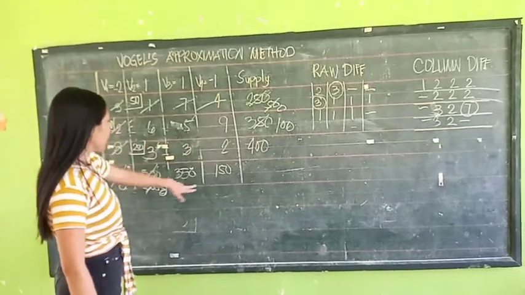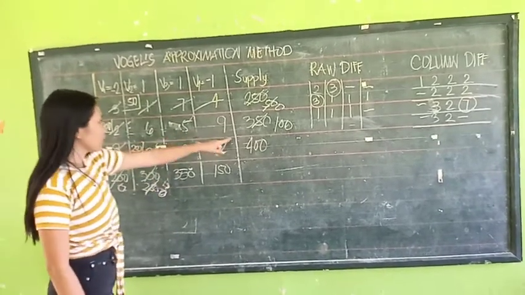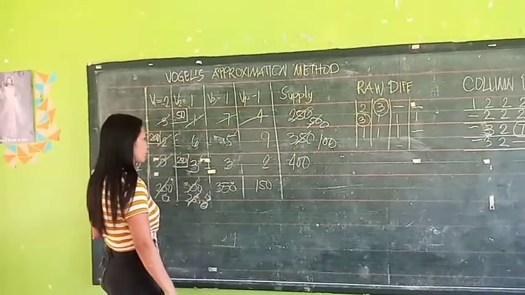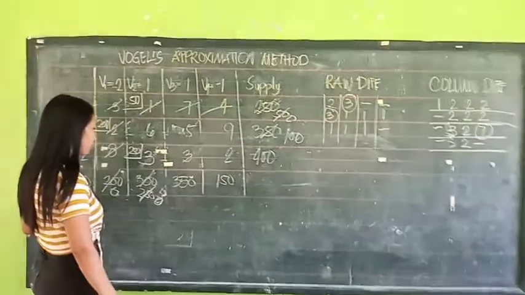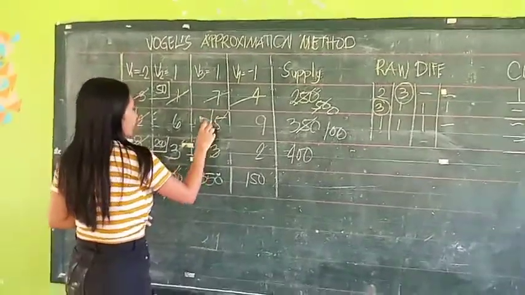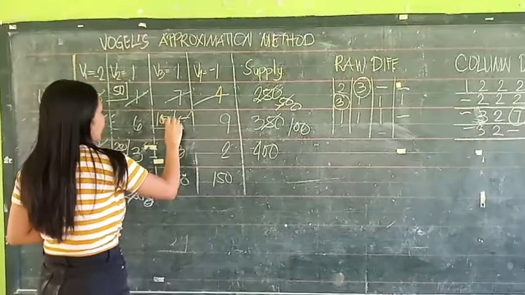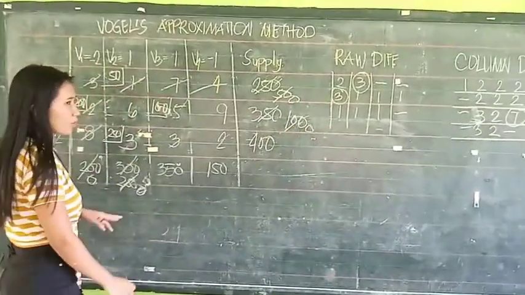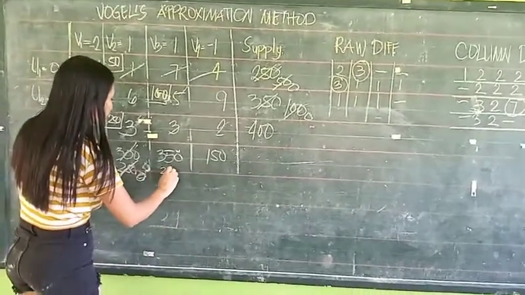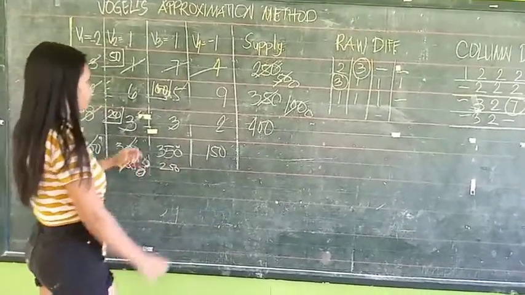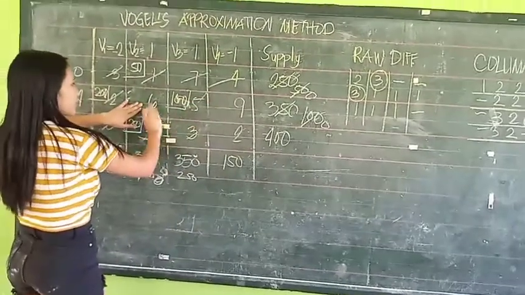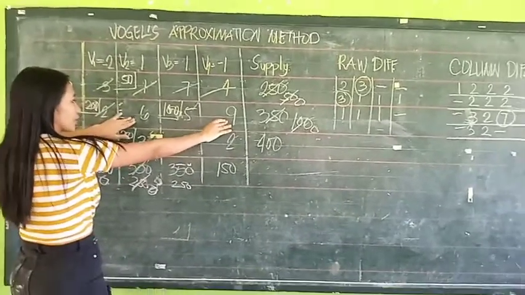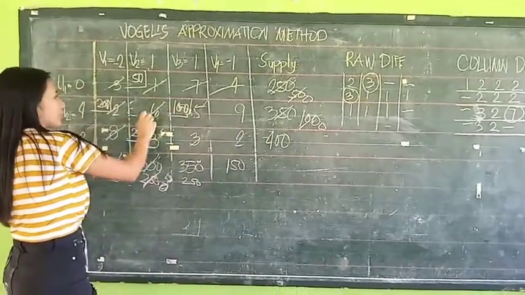So 350 minus 250 is 100. Since the supply is less than the demand, the supply will be allocated here, which is 100, and 100 will be cancelled to 0. So 350 minus 100 is equal to 250. Since in this area both demand and supply are satisfied, we now cancel.